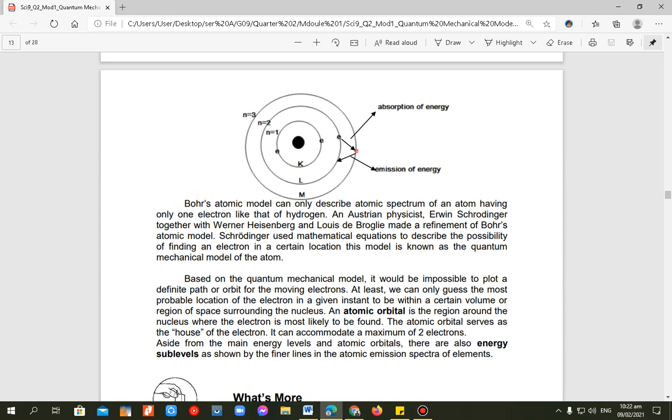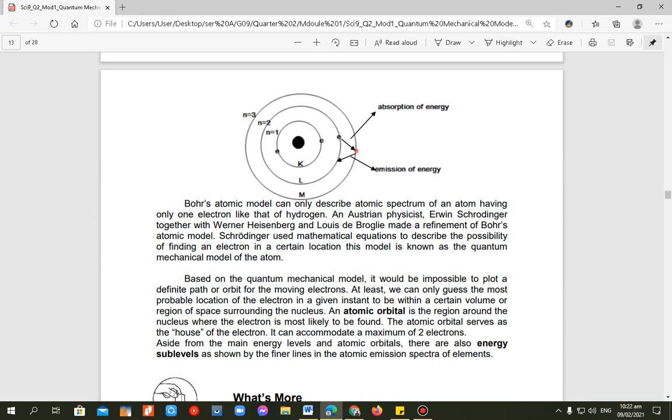So, they modified the knowledge of Bohr's atomic model. So, Schrödinger used mathematical equations to describe the possibility of finding an electron in a certain location. So, dito, they use the mathematical equation para to know the exact location to find the electron in the nucleus.